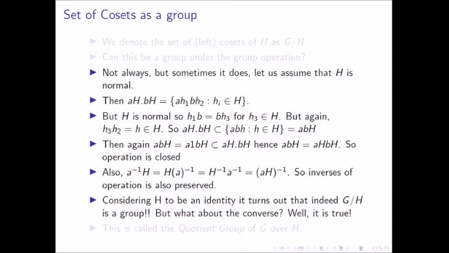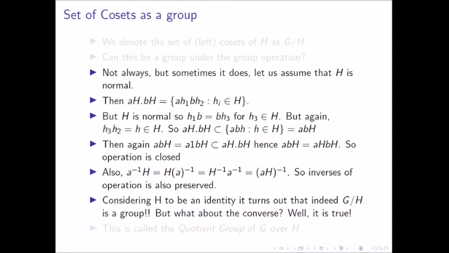So this is basically H inverse A inverse, by the inverse law, is (AH) whole inverse. So it turns out that the inverse coset of AH is basically A inverse H, which is also a coset. So inverses are well defined.